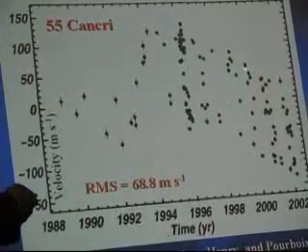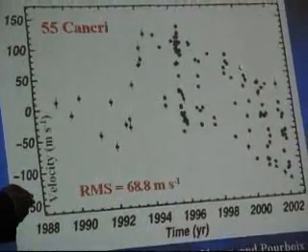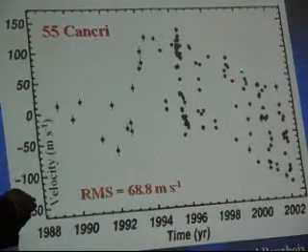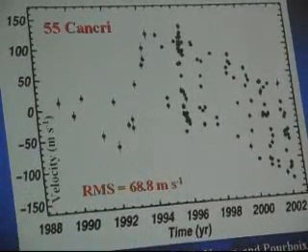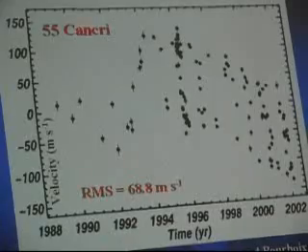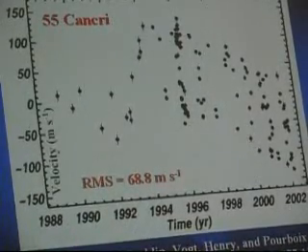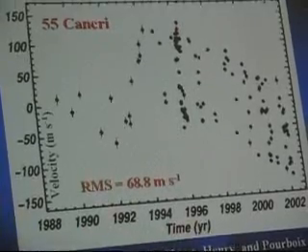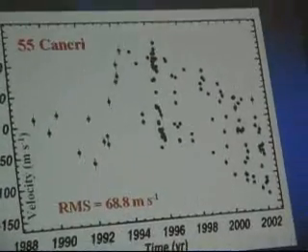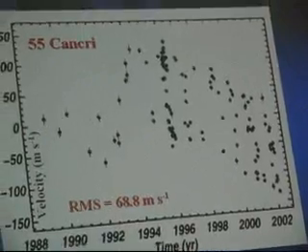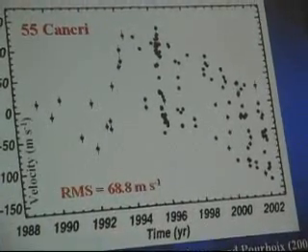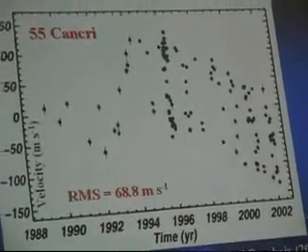What you're seeing here are the data, the values are about the size of the points themselves. The uncertainty on each of those points is about the size, the vertical height of those points themselves. So the data themselves are good, and that star is in fact doing what you're seeing it doing there. It's really very complex motion.